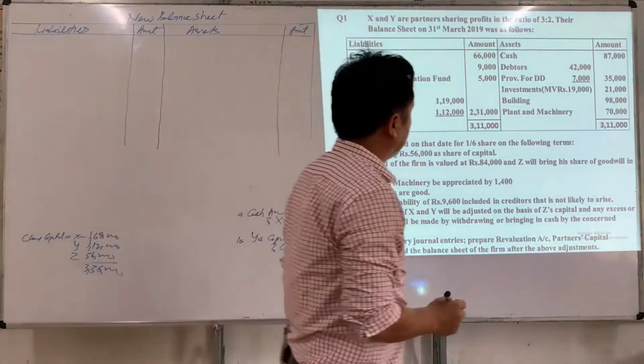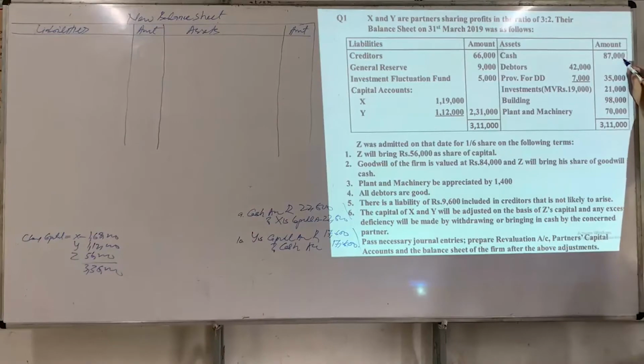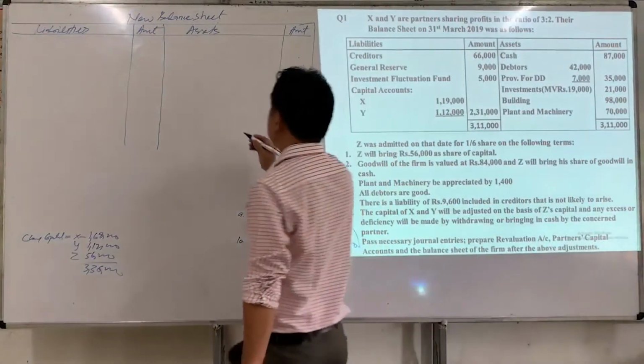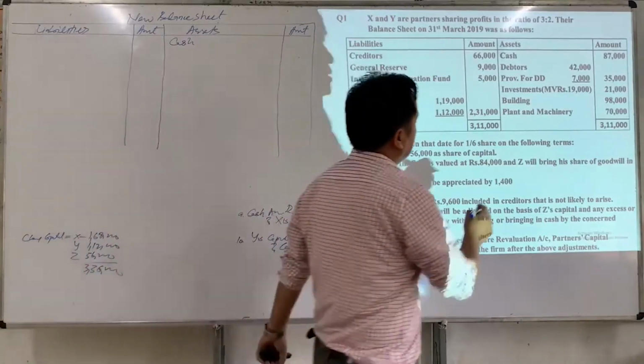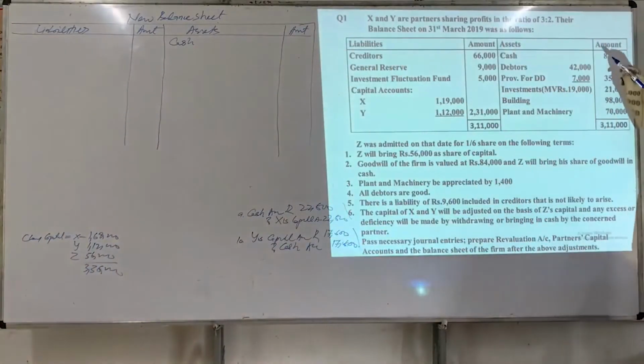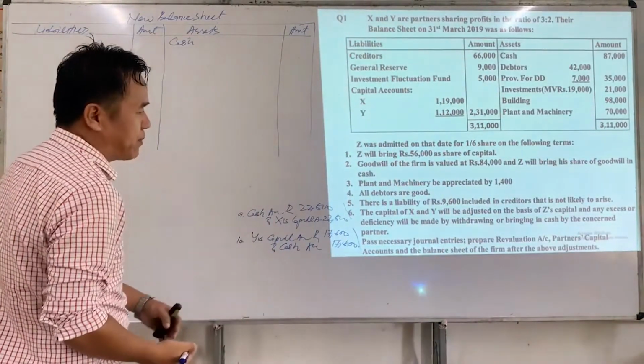Okay, so first we will start from the asset side, and the first item is cash. Here 87,000 is the opening cash balance, and we need to find the closing cash balance.